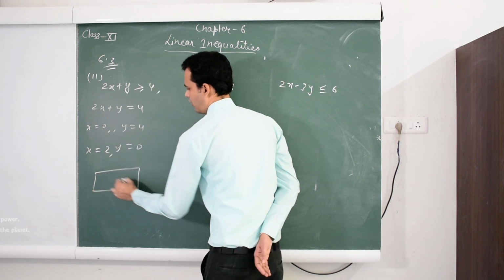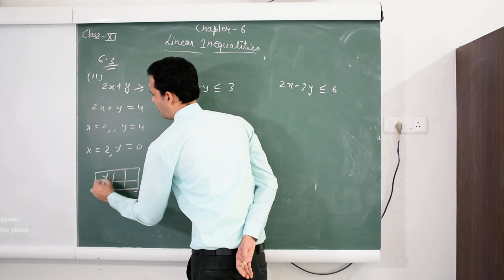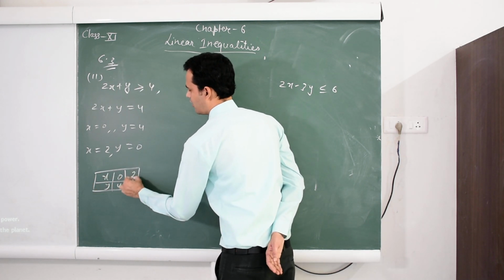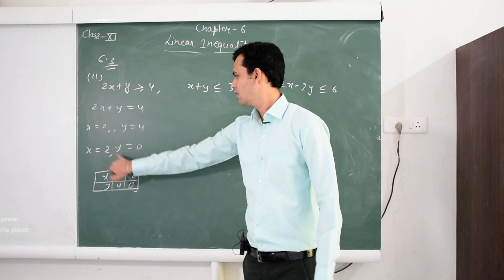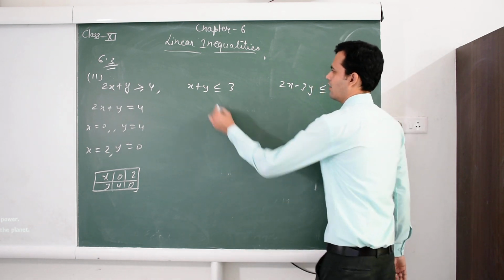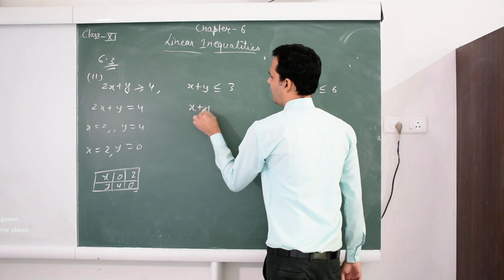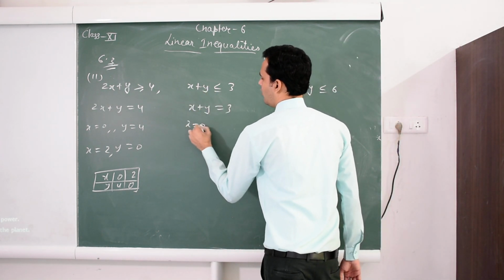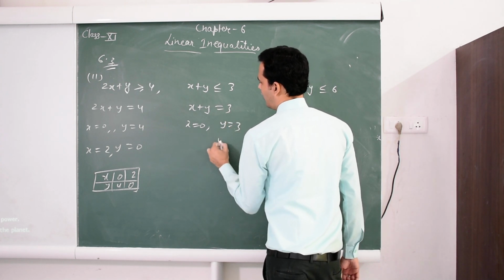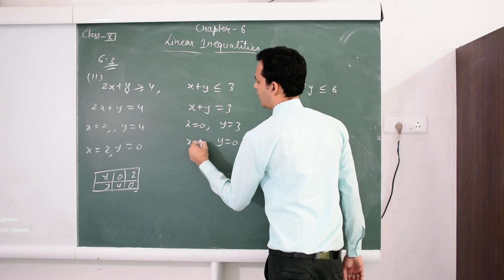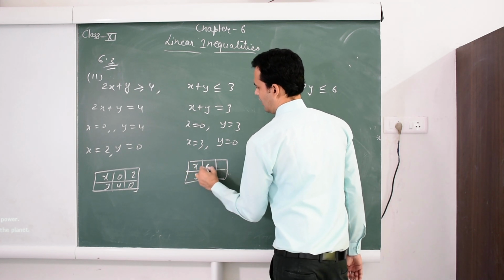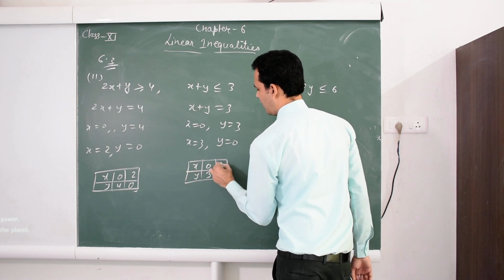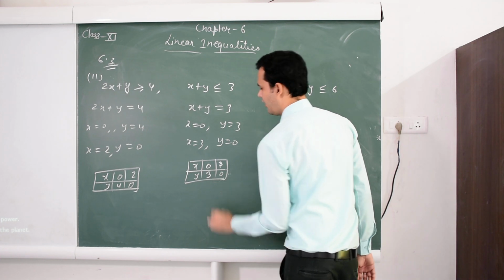So for the first the points will be (0, 4) and (2, 0). Then for the second, x plus y equals 3: x 0, y 3, and y 0, x 3.